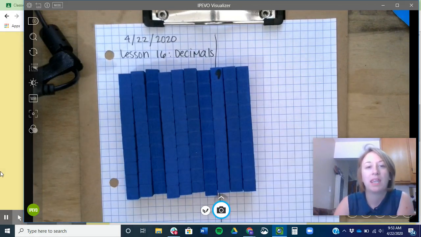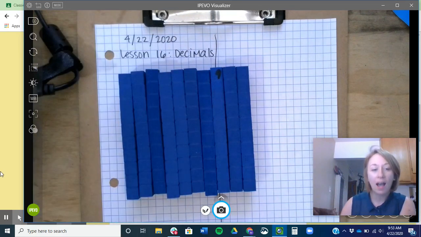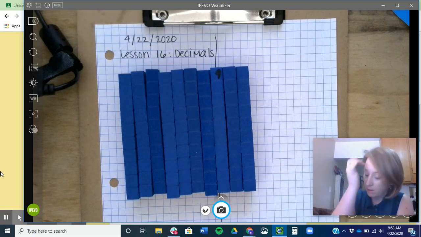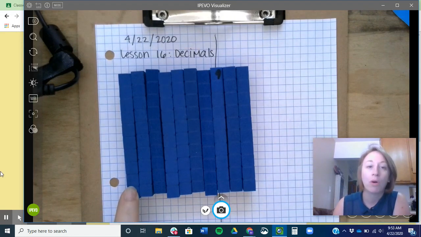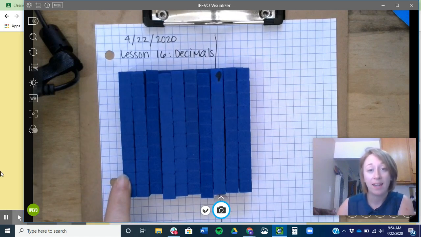Now, when we go back and we think about what the 100 block represented in the beginning, we said it represents one whole. We cut the one whole into 10 equal size pieces. So each piece is now 1/10 of the whole square. Let's go ahead and count these by tenths. That's right, tenths.